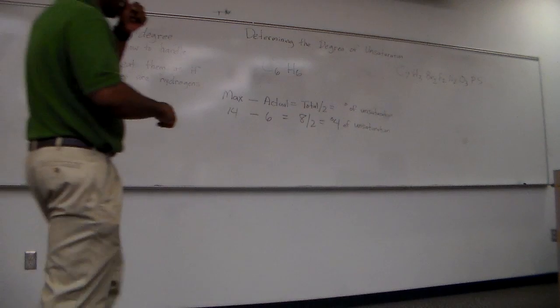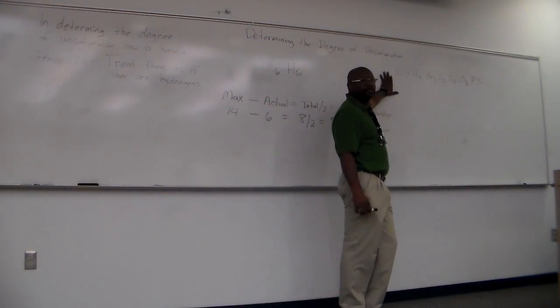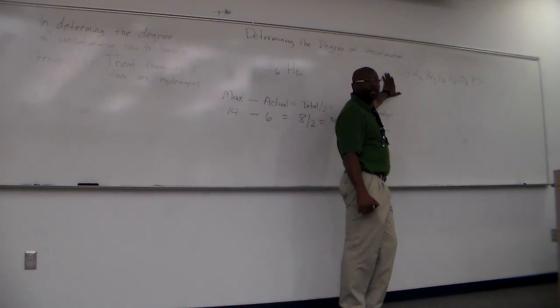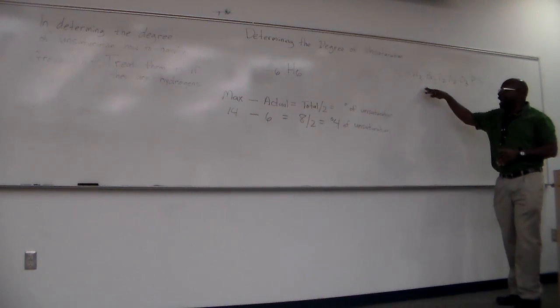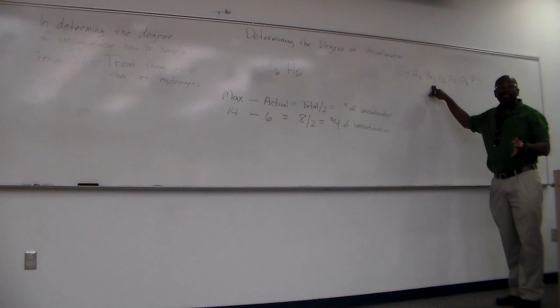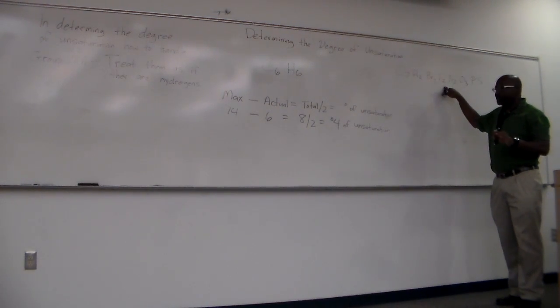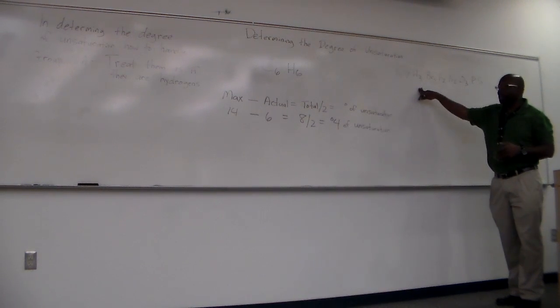In this molecule, which atoms belong to group 7A? Bromine and fluorine. I'm going to convert all my group 7A elements, bromine, fluorine, could be chlorine or iodine, into hydrogens.